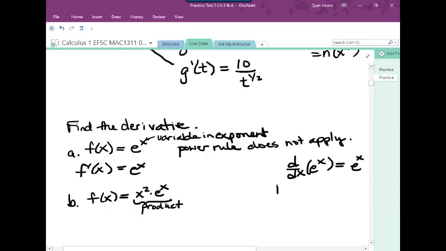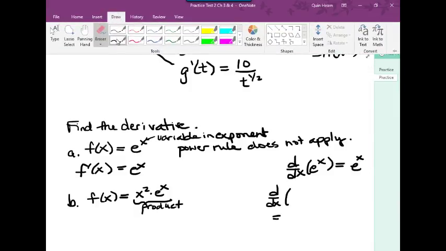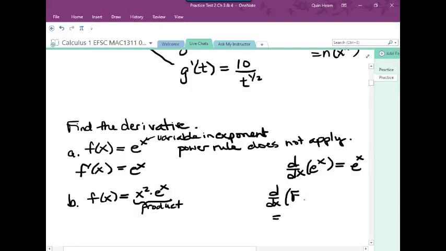And what the product rule says is if you're taking the derivative of the product of two functions, f of x times g of x, or whatever their names are, doesn't matter, you're going to have the first function times the derivative of the second plus the second function times the derivative of the first. In fact, what a lot of people do when they're writing down the formulas, they actually use capital F and capital S to represent first function and second function. So capital F of x times capital S of x, first and second.